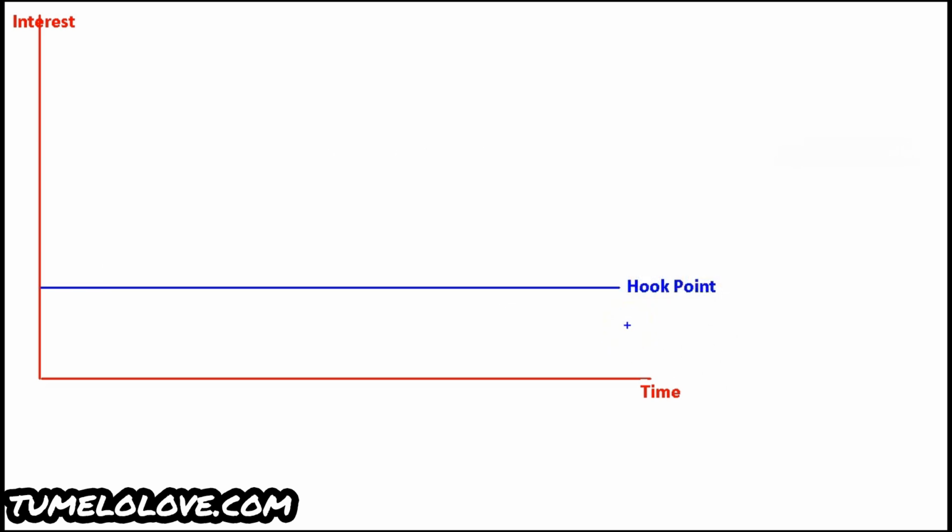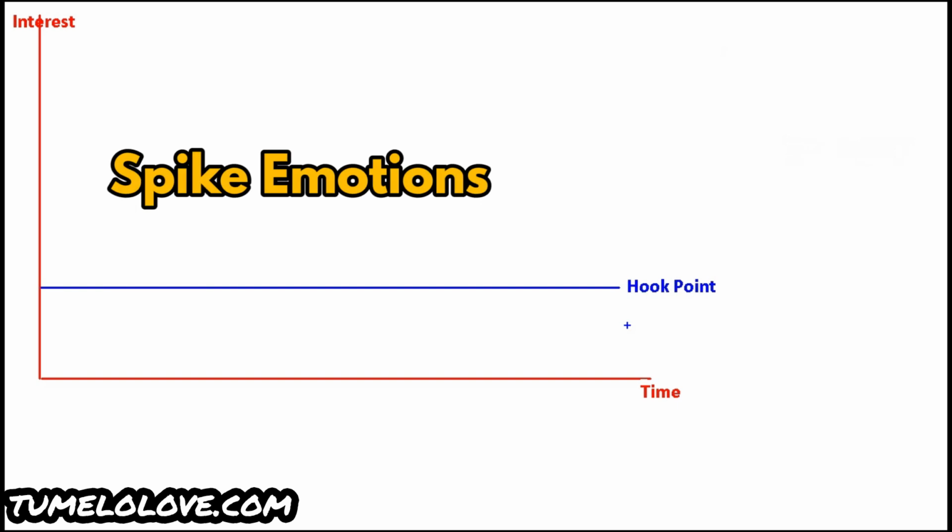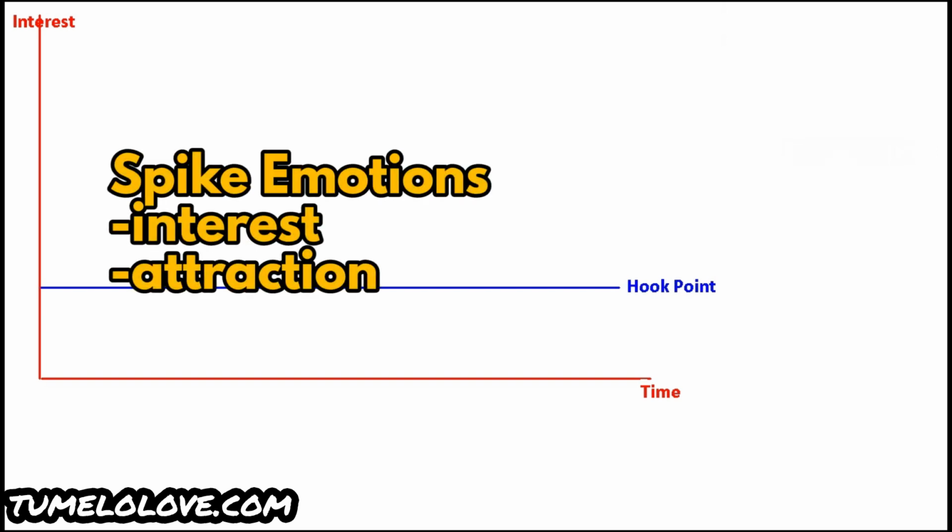Okay, now how do you get to this hook point, or how do you get past this hook point? You get past this hook point by spiking her emotions, okay. And more specifically, spiking her emotions is basically you are trying to spike her interest, and also what you want to do is spike her attraction, and I'll explain that as we move along.